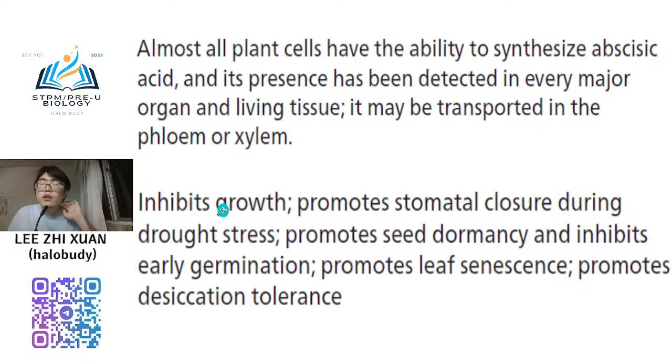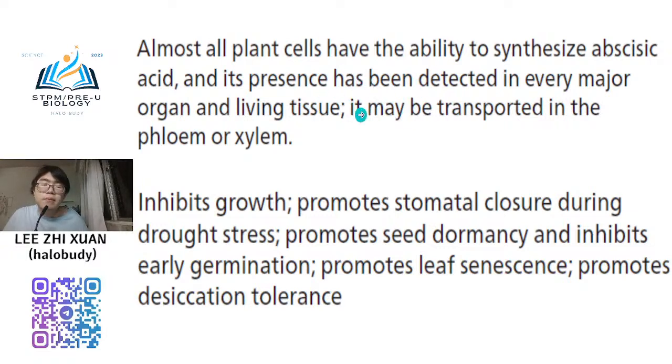If you look at the site of production of abscisic acid, almost all plant cells are able to synthesize it. So there is no major site of production. Almost all plant cells are able to synthesize and secrete abscisic acid.